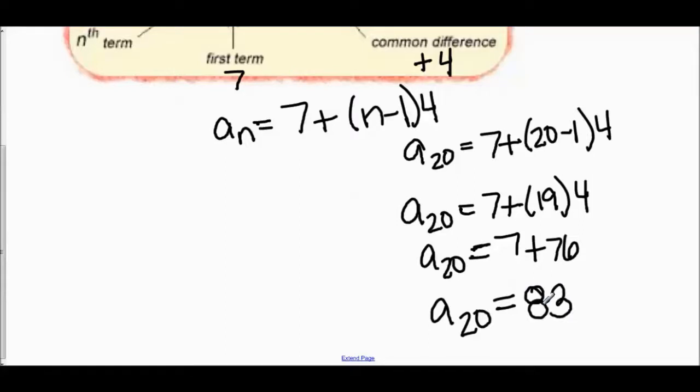That is a good use of the explicit formula: you can use it to find any term in the sequence. I could use that same formula to find the 116th term. You would just plug in 116 where you see 20 and calculate that out.